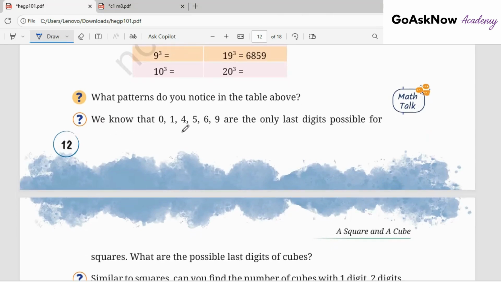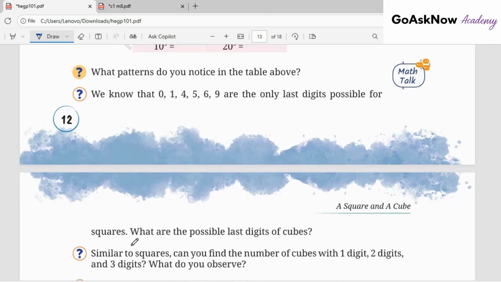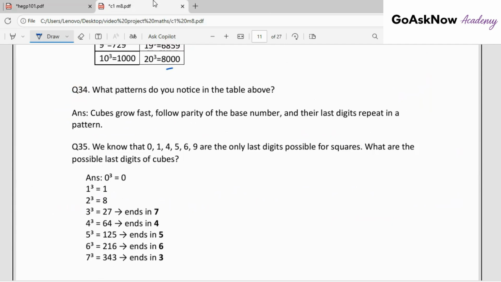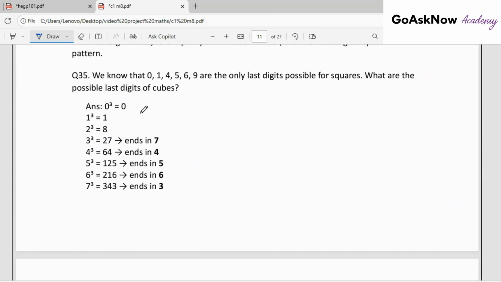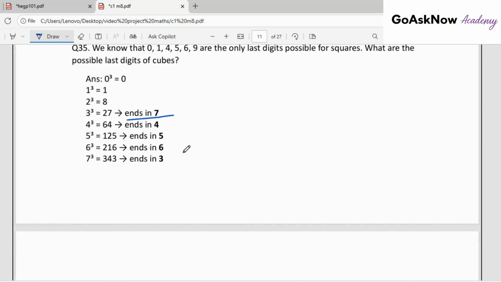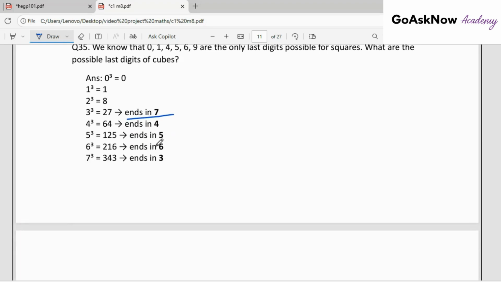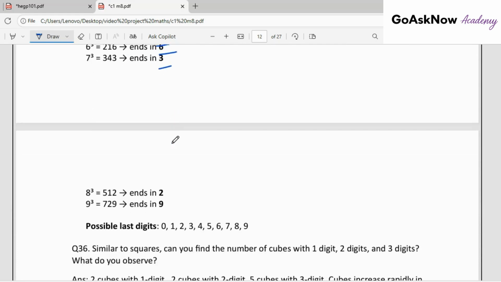We know that 0, 1, 4, 5, 6, 9 are the only possible last digits for squares. What are the possible last digits of cubes? Let us calculate. 0 cube is equal to 0, 1 cube is equal to 1, 2 cube is equal to 8, 3 cube is equal to 27, which ends in 7, and 4 cube is equal to 64, which ends in 4, and 5 cube is equal to 125, which ends in 5, and 6 cube is equal to 216, which ends in 6, and 7 cube is equal to 343, which ends in 3. 8 cube is equal to 512, ends in 2, and 9 cube is equal to 729, ends in 9.